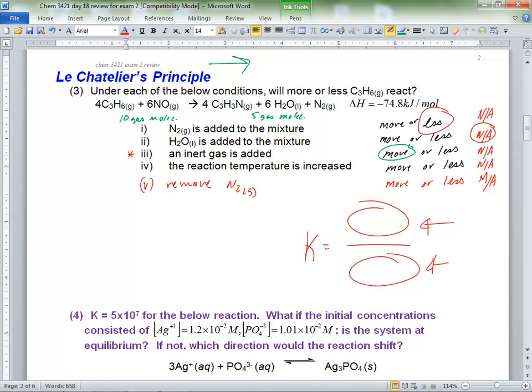The reaction temperature is increased. See if you can remember what the trick was for that.